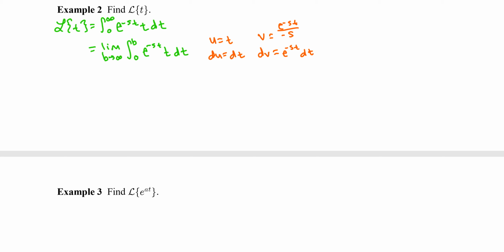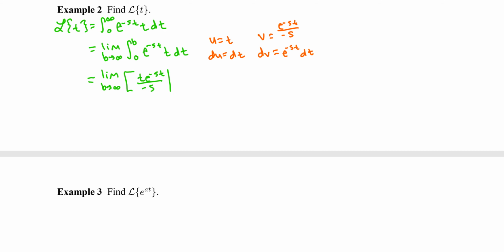So we can plug this in to our integration by parts formula, but don't forget about this limit operator out here. So we're going to evaluate u times v, that's going to be t e to the negative st over negative s.